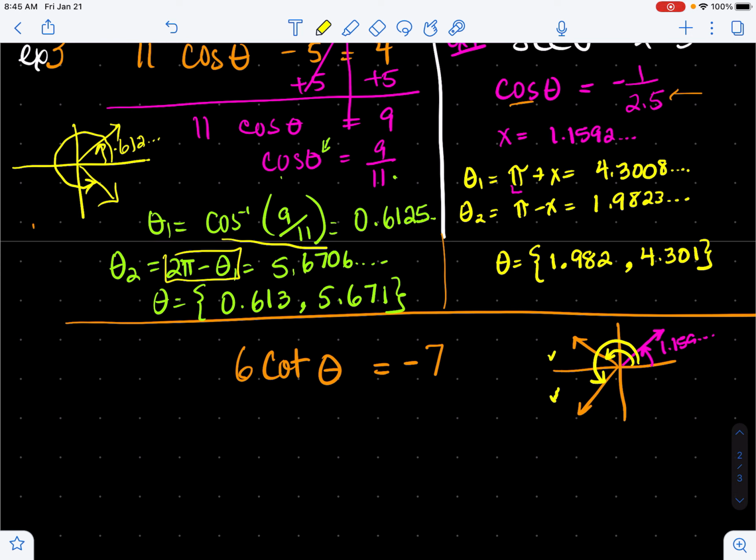So the pink one, pi plus the pink value, which is how we got the first angle, simply gives me the bigger angle, the bigger yellow one. You can clearly see this makes a straight line. Together they make a straight line. So if I take the pink one and then add half a circle to it, I get the bigger angle, the bigger yellow one. And the smaller yellow one is basically using this as a straight line and subtracting the pink one from it, which automatically gives me the smaller yellow angle in radians.